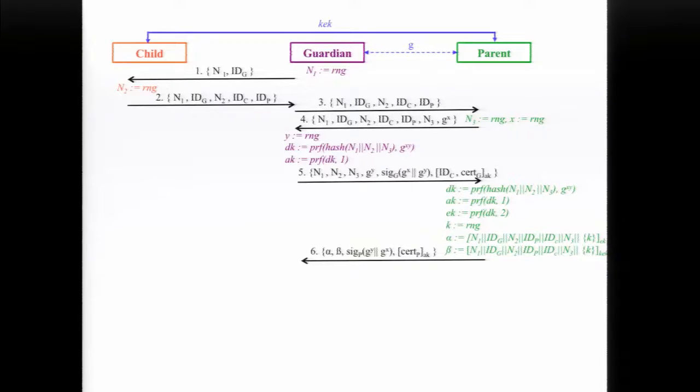So here, this part is actually the glue to stick these 2 protocols together. And the child and the guardian can verify the protocol context information carried in the token to see if they are working on the correct protocol session.